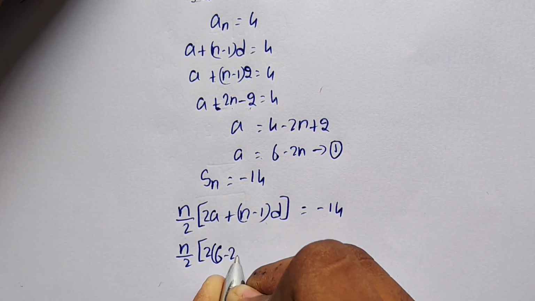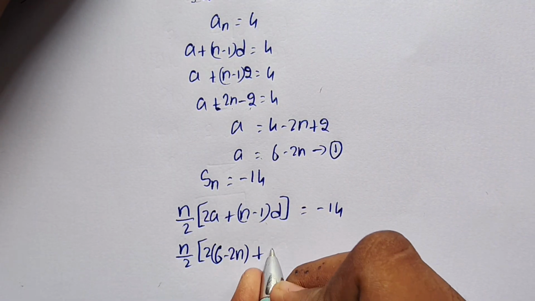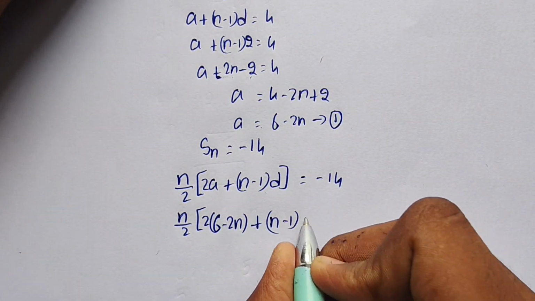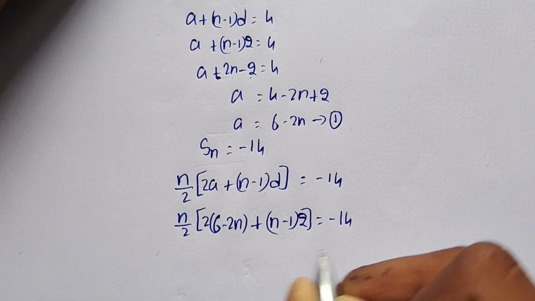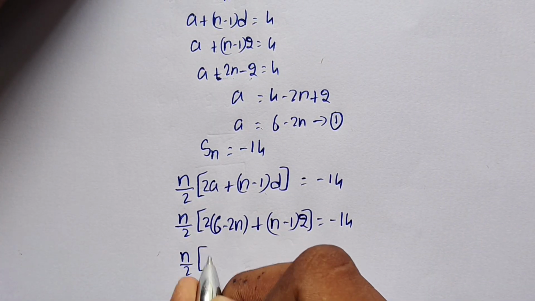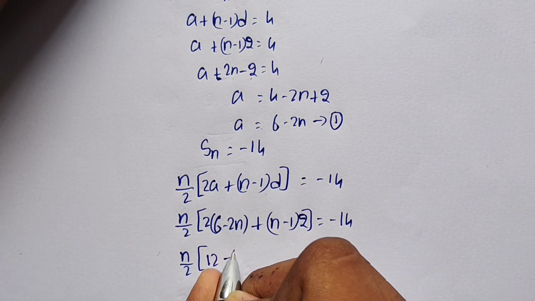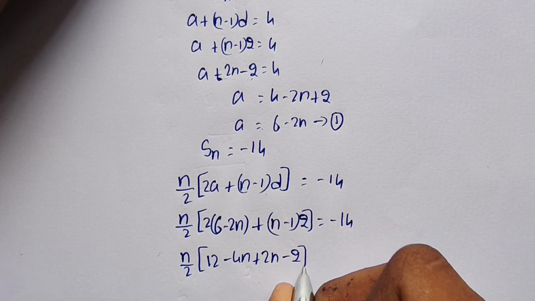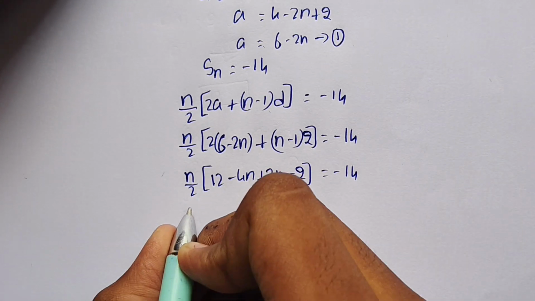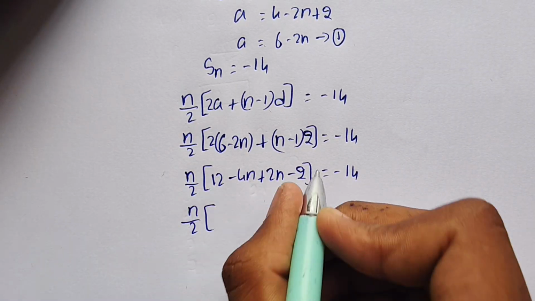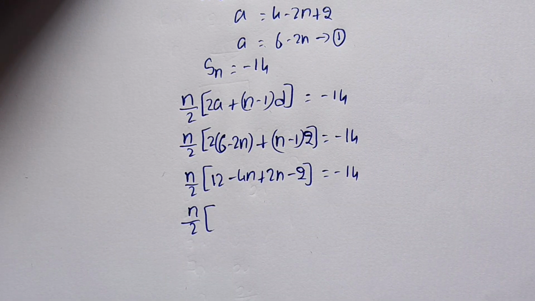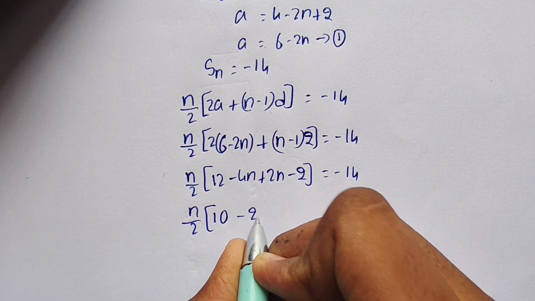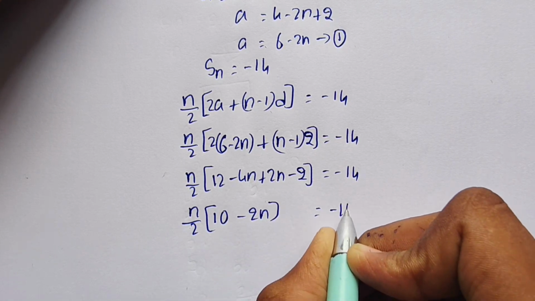So n by 2 into (2 times (6 minus 2n) plus (n minus 1) into the value of d, which is 2) equals minus 14. So n by 2 into (12 minus 4n plus 2n minus 2) equals minus 14. So n by 2 into (10 minus 2n) equals minus 14.